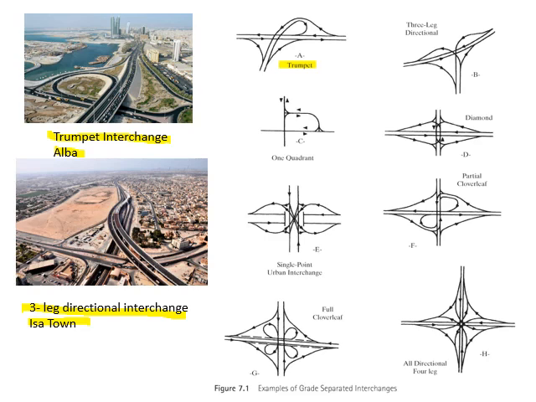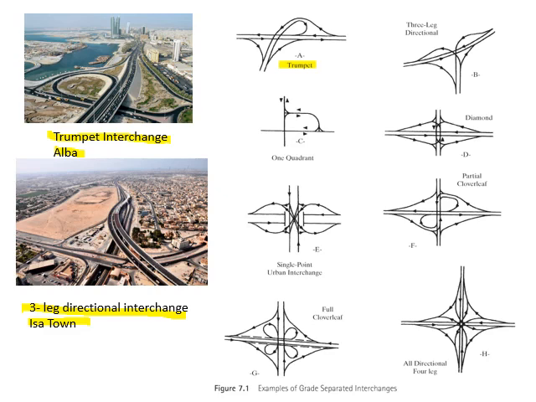Then we have partial clover leaf, in which you have left turning ramps in basically two quadrants only, and we have this full clover leaf. Full clover leaf means you have ramps for left turn and right turn in all four quadrants.